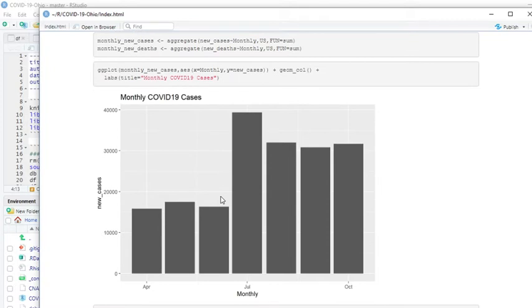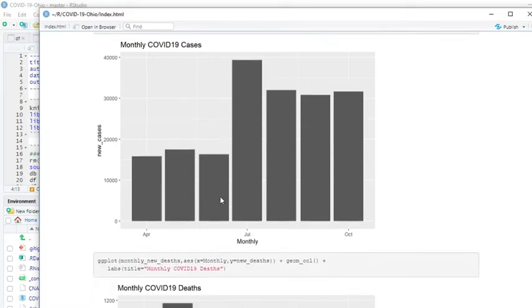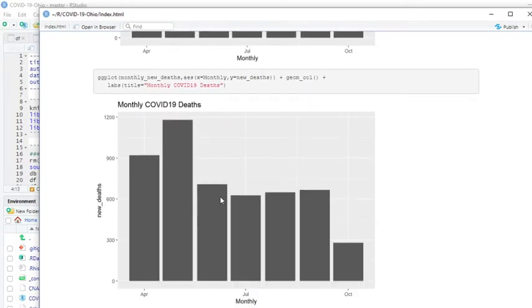Now, if you look at monthly cases, you can see that October is going to catch and probably pass August and September. Okay, cases in Ohio. Deaths by month in Ohio, you can see they're around 650 to 750 deaths per week for the state of Ohio.